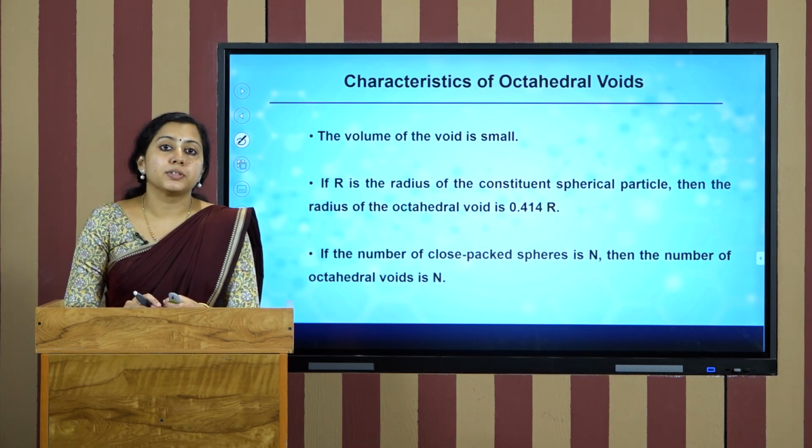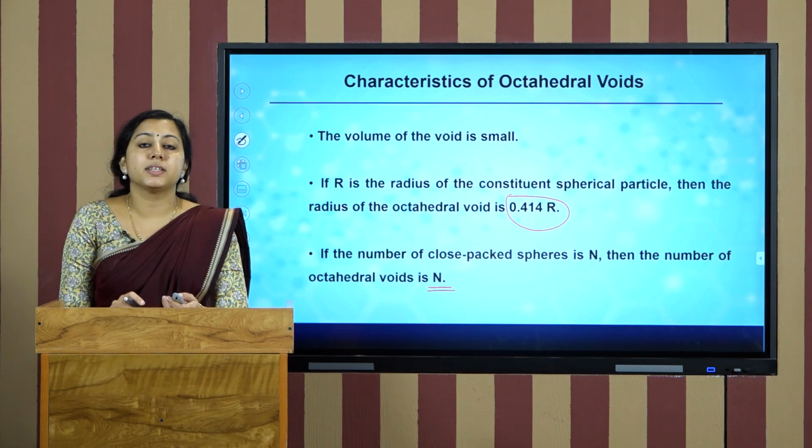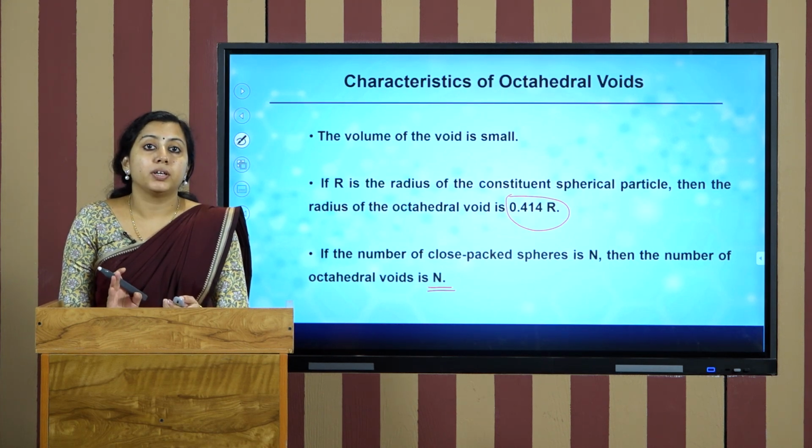In an octahedral void also, the volume of the void is very small, and again from geometrical considerations, if r is the radius of the constituent spherical particle, then the radius of the octahedral void is 0.414 r. And if the number of close packed spheres is n, the number of octahedral voids is also equal to n. So, these are the characteristics of tetrahedral and octahedral voids.